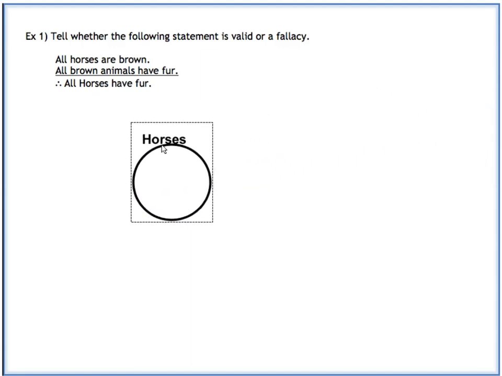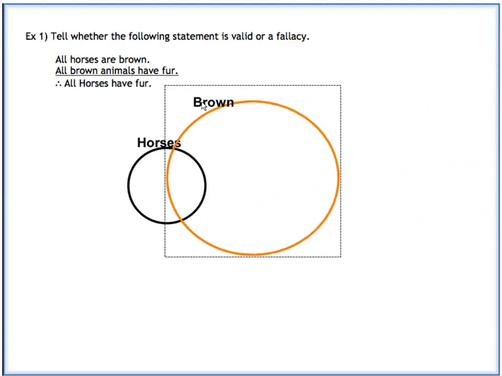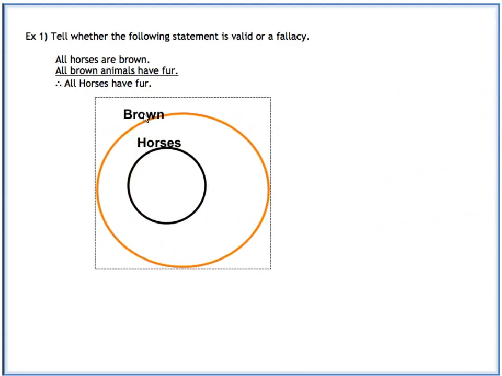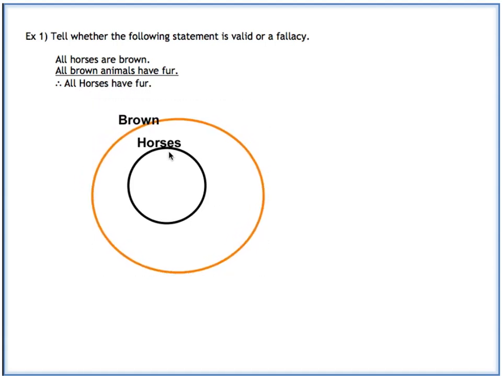So I'm just going to introduce this circle here that stands for all horses. Now, all horses are brown. So what that means is we have this circle which is everything that is brown, and notice that all horses fall within the brown circle. So that's how you write all horses are brown.